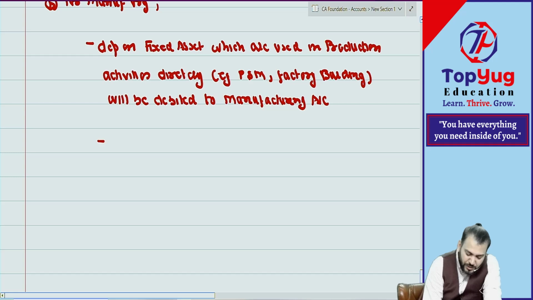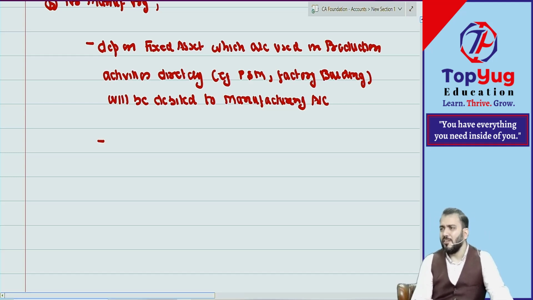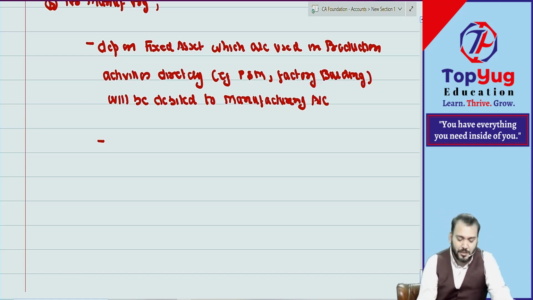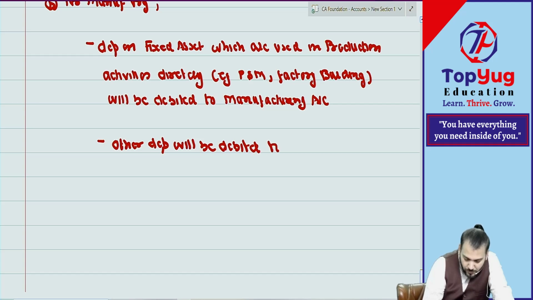Other depreciation means which is for office and admin purposes, like office building, office furniture, this type. Other depreciation will be debited to the P&L account.